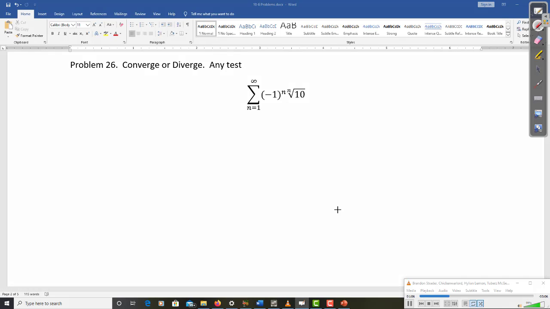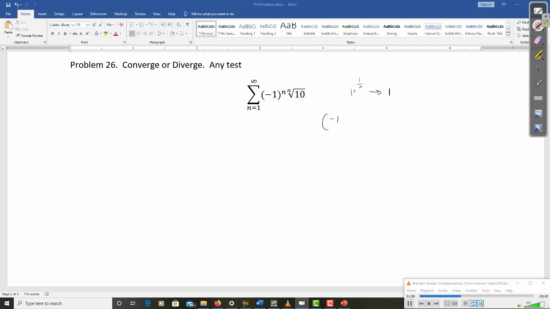Alright, our first exercise is this problem 26. We have negative 1 to the n, and then the nth root of 10. Well, what happens to 10 to the 1 over n? That is going to go towards 1.